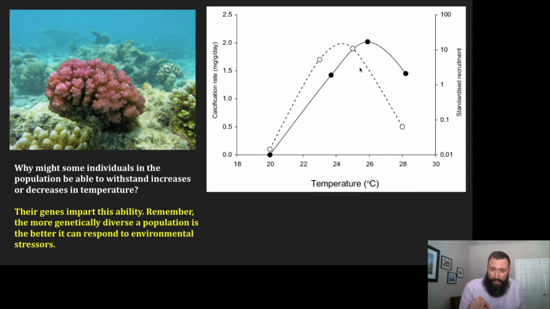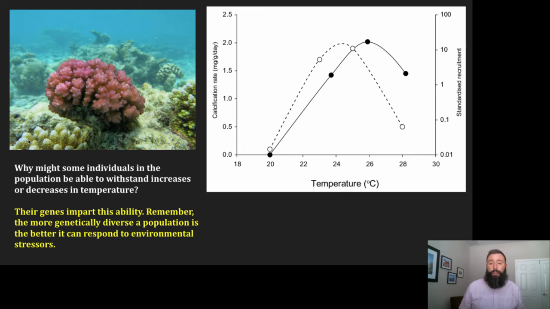Hey, and remember this: a genetically diverse population is going to be better able to respond to environmental stressors. So imagine for a moment maybe an oil spill decreased the amount of coral in this area, and then a year later, we've decreased the genetic diversity quite a bit just by killing off a lot of the coral.